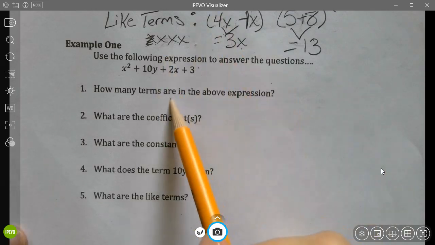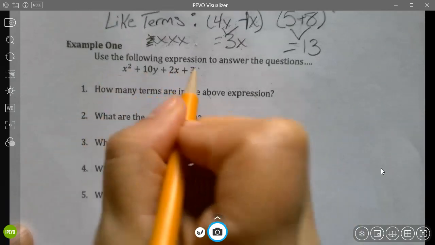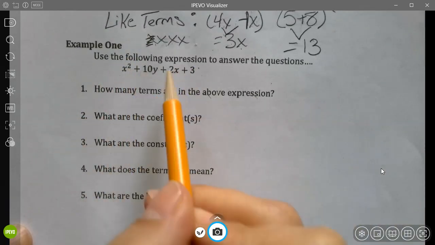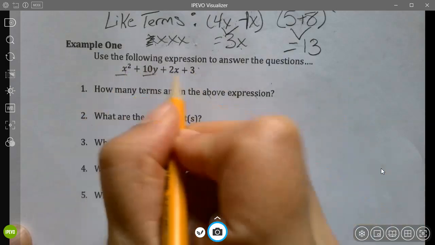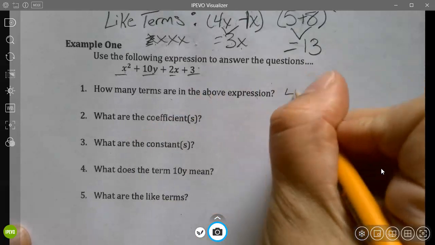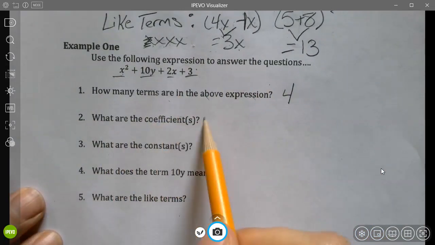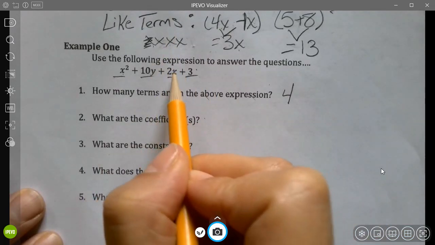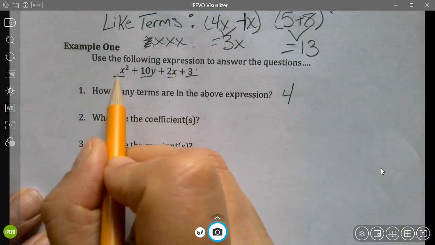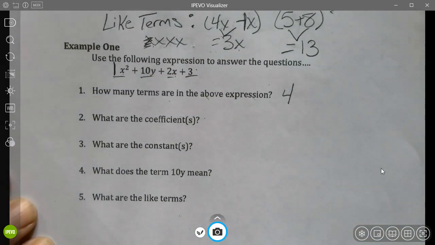Let's look. How many terms are in the above expressions? Remember, terms are separated by math operations. So I have 3 math operations, which means I will have 4 terms. 1, 2, 3, 4. 4 terms. What are the coefficients? Well, remember, coefficient is a number with a variable. This doesn't have a number with a variable, so we know it's an understood 1. 1's being multiplied.